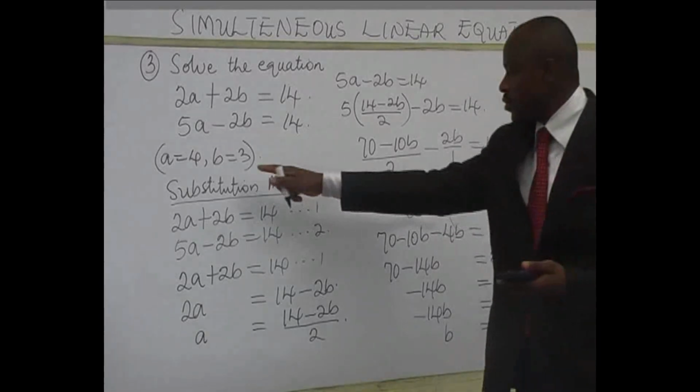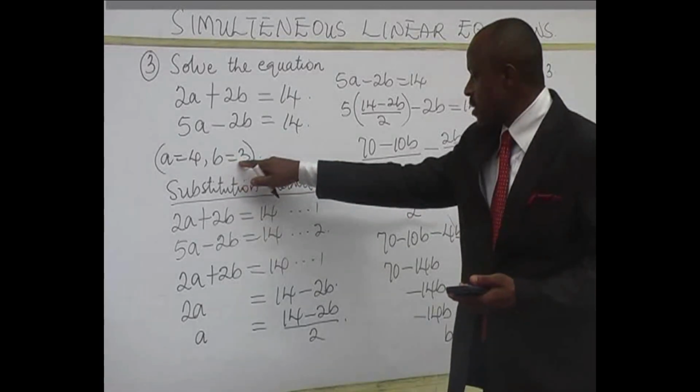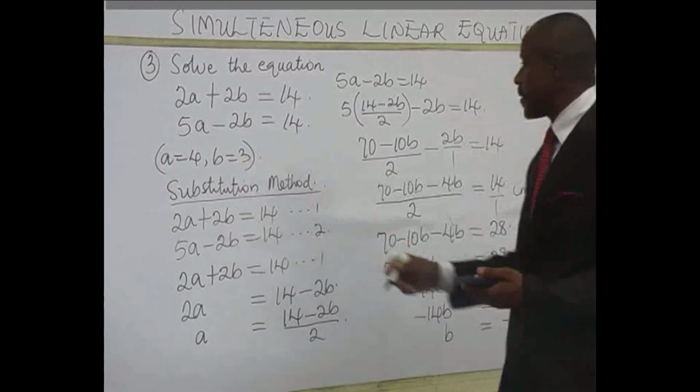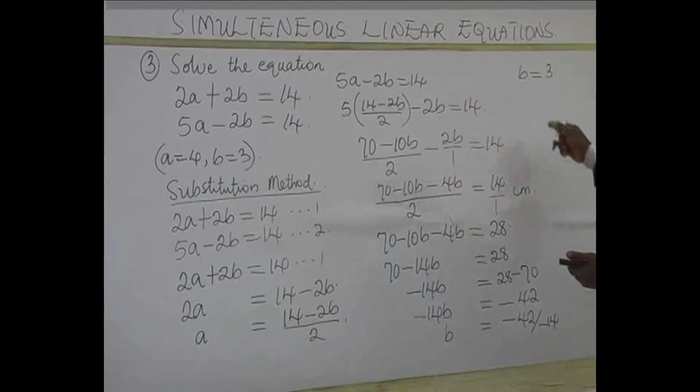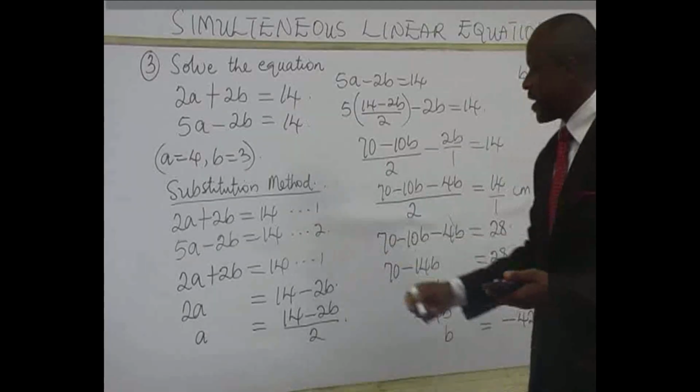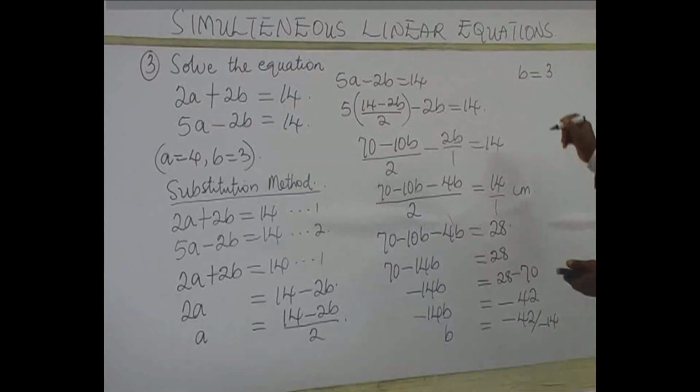Remember, when we used the elimination method, we got the same answer that the value of b is 3. So let's substitute b is equal to 3 in the first equation to get the value of a. First equation says 2a plus 2b is equal to 14. We have gotten the value of b to be 3. Wherever you see b, you put 3.